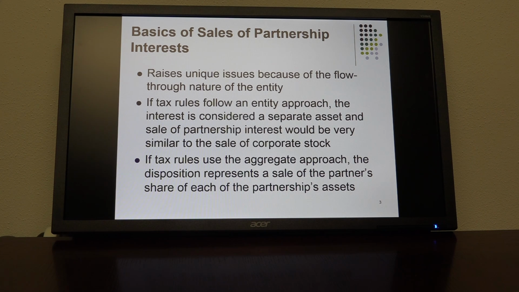For the most part, the law follows the entity approach, but in some instances where taking that entity approach would cause some unfairness, some advantage to the taxpayer and not to the IRS, and as you know by now, the rules are stacked in favor of the IRS for the most part, where they see that taxpayers are taking advantage of the situation, they'll use an aggregate approach in determining gain or loss.